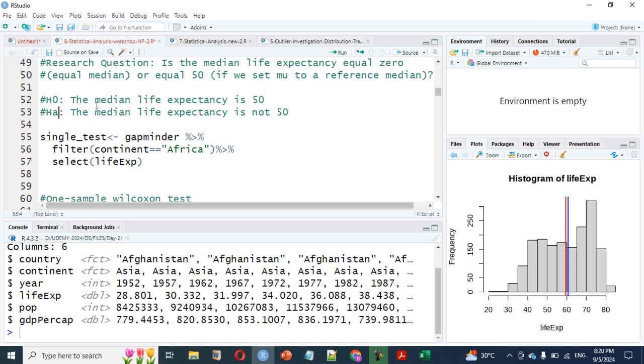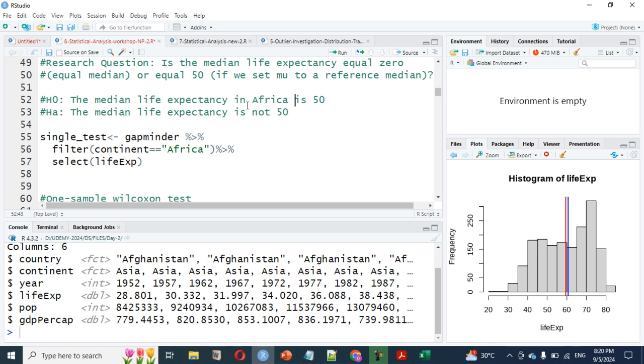But let's say we want to make it more appropriate this time around. Let's say we want to look at the median life expectancy in Africa. The median life expectancy in Africa is 50.